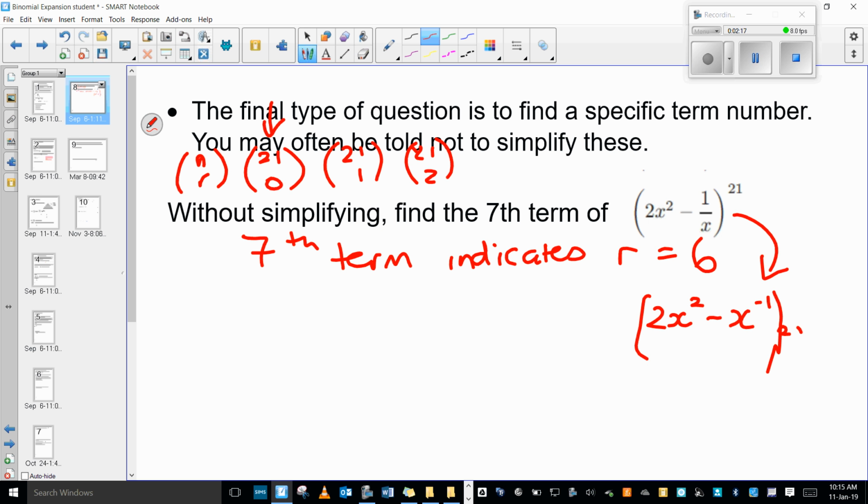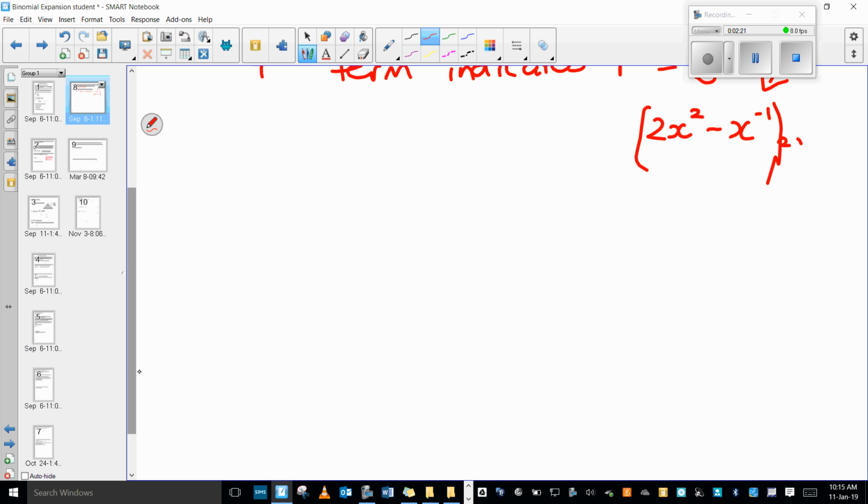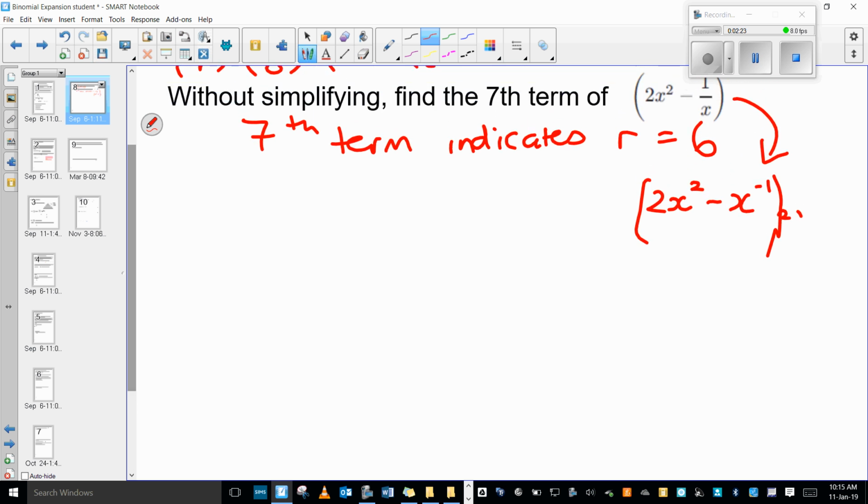So they want the seventh term. I haven't got that saved anymore, so the general formula, you know what it is. Oh, yes, nice. And minus r.